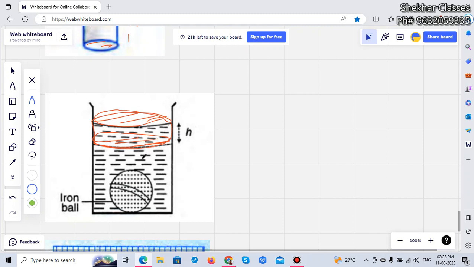So the volume of this cylinder, the radius is the same as this one. If we take the radius as small r here, the volume of this cylinder will be pi r square h, if this is the height h, and that is equal to the volume of this sphere, which is 4 upon 3 pi R cube. You do not know the radius, so let the radius of the sphere be capital R, and this radius is small r. Is it clear? So you can understand this question.